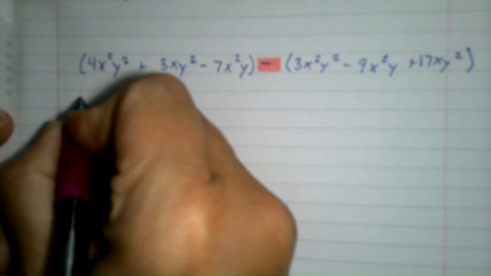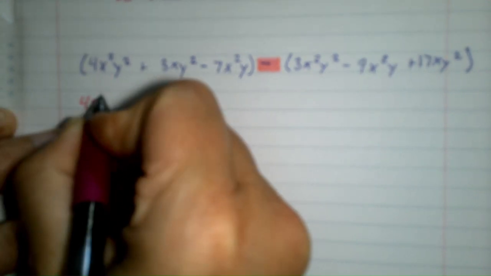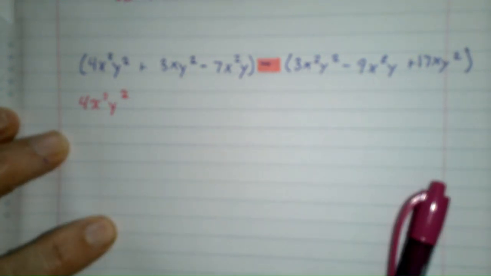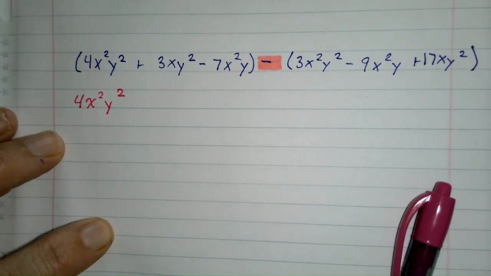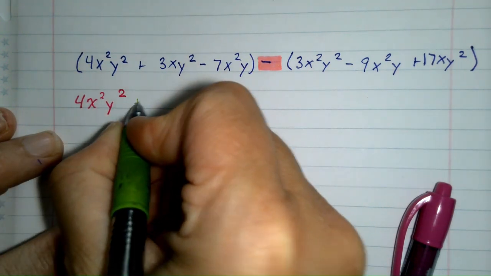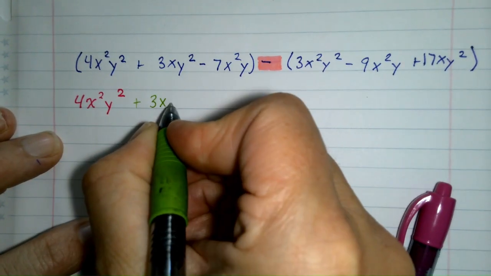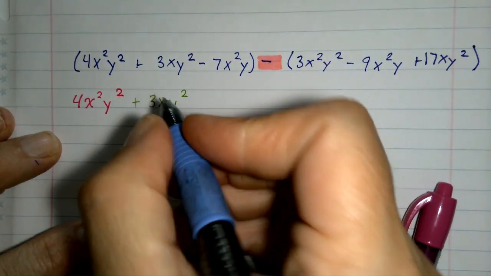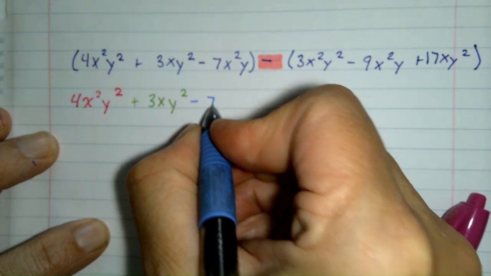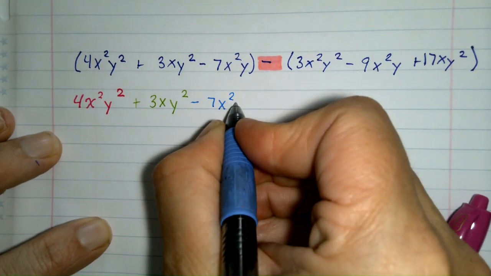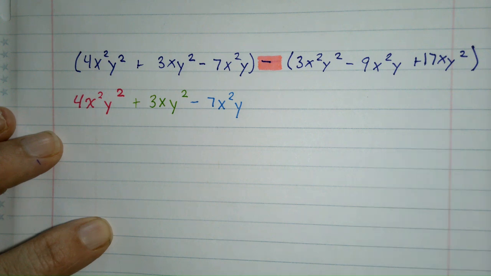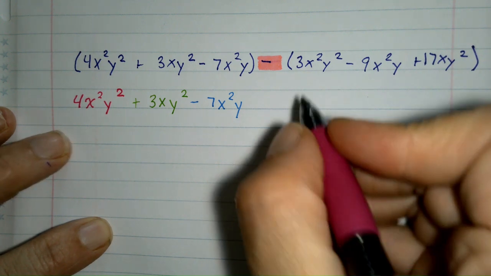So here we have 4 baskets. They have 2 xylophones and 2 yo-yos. Then we have 3 baskets with 1 xylophone and 2 yo-yos. And we're down 7 baskets with 2 xylophones and 1 yo-yo. Okay, now remember this minus is going to have to distribute through.